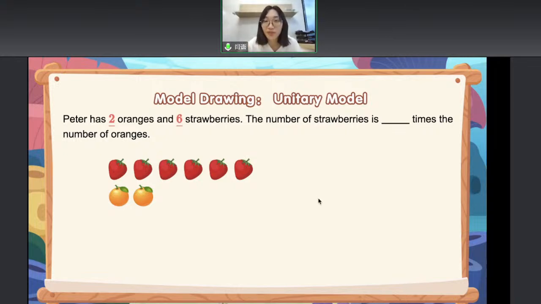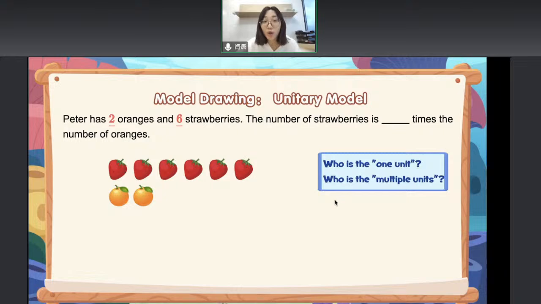So the number of strawberries is how many times the number of oranges? Let's have a look. Who is the 1 unit and who is the multiple units? Can you find here? Yes, it is super easy for you, right? Okay, so usually we regard the shorter one, the fewer one, the smaller one as 1 unit. And for the bigger one, the more one here, it should be multiple units.